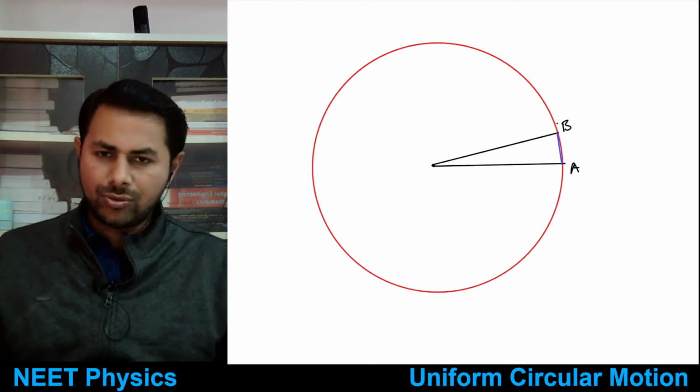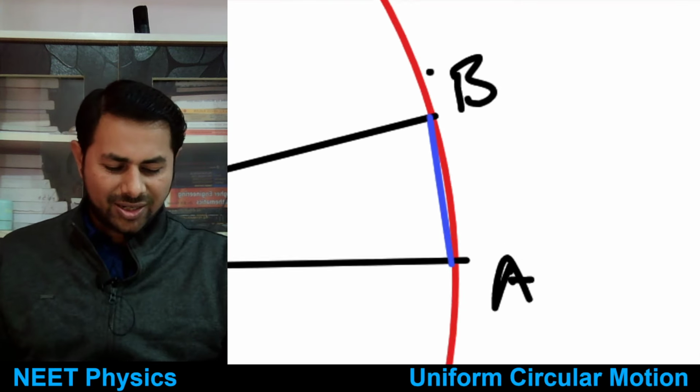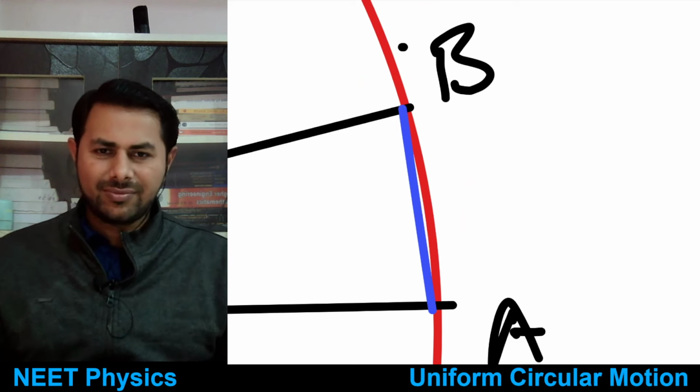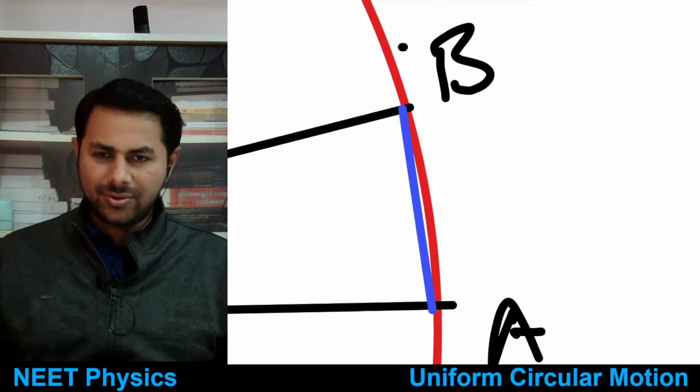If I zoom out, you cannot even differentiate between the line AB and arc AB.